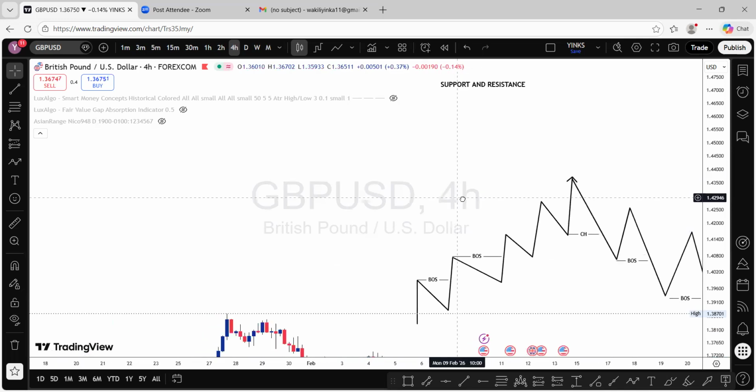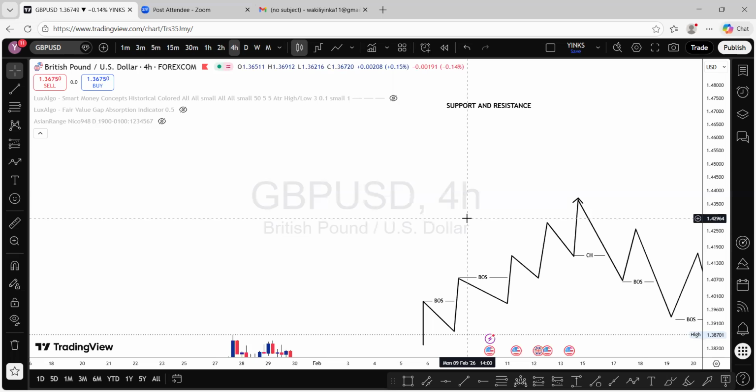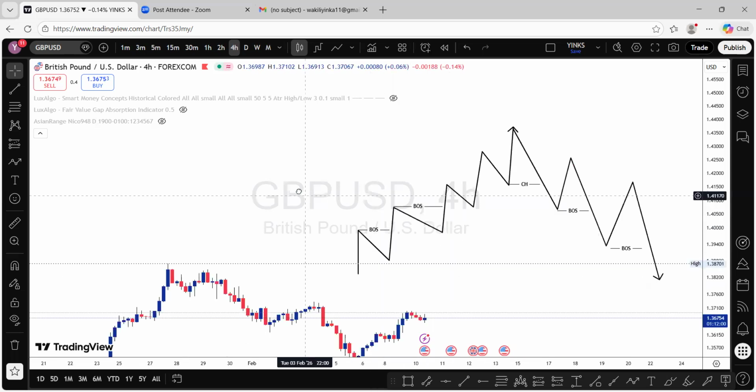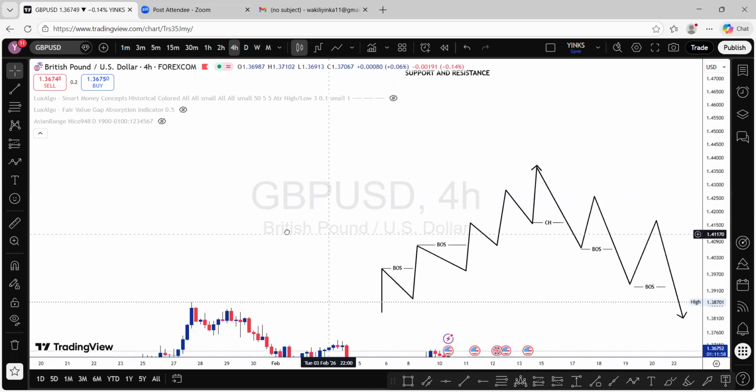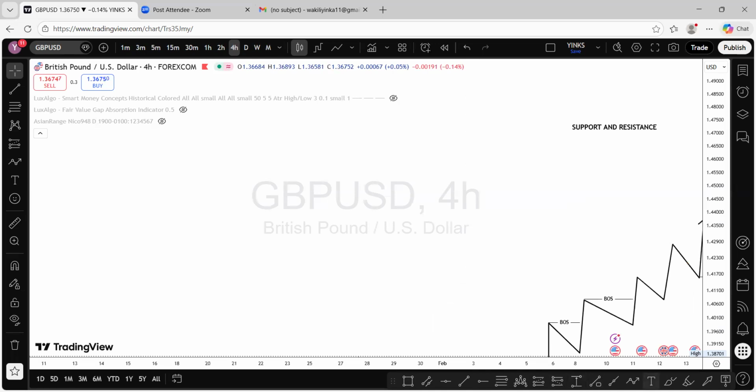Now, how do you identify support and resistance? In fact, let's start with how support and resistance is formed in the market. Support and resistance will not just appear, it must be formed, it must be created. Let me show you. When the market starts giving you a trend, let's start with the uptrend, the market starts from a support level and pushes higher.